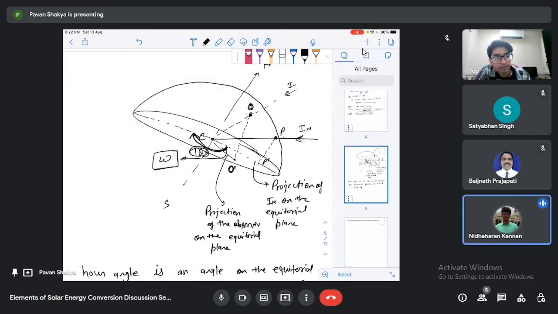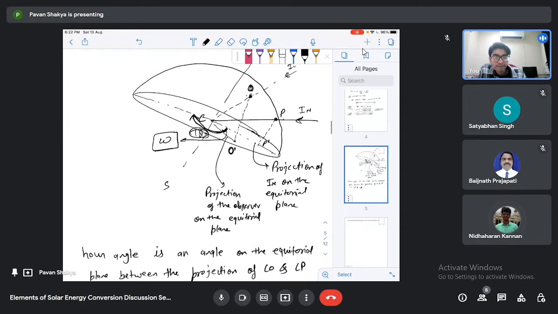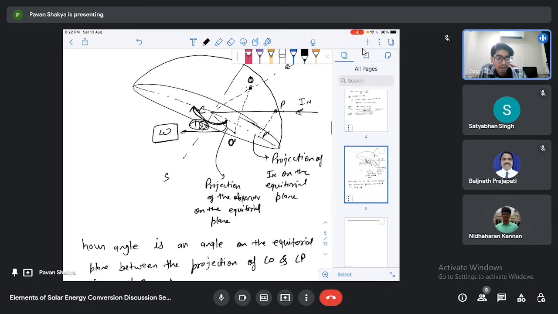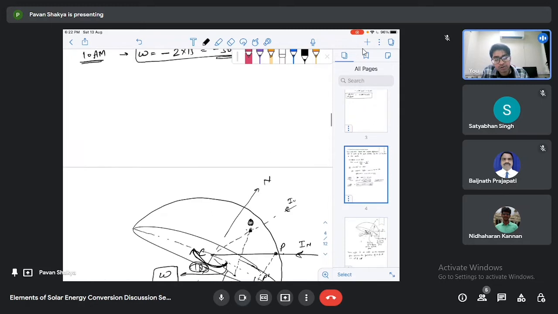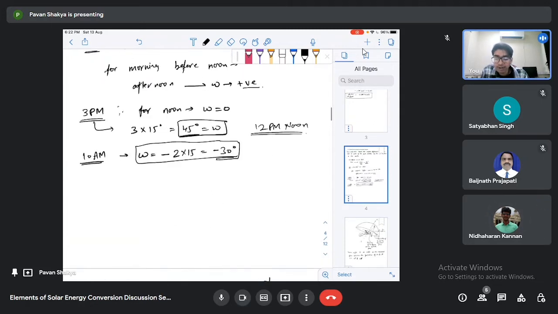Sir, what is the significance of this hour angle? Why do we need to study this? I have discussed that it signifies how much the earth is rotating with time. For a particular time, how much the earth rotates. As I have also shown you, for a particular time it is very easy to calculate.